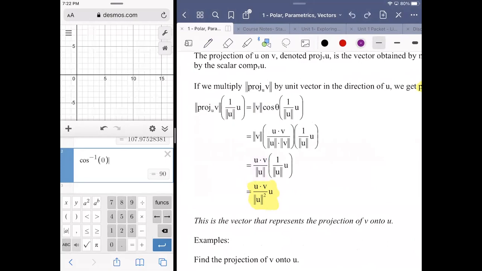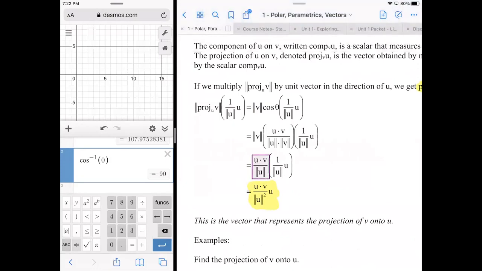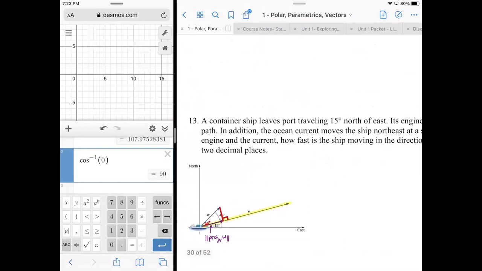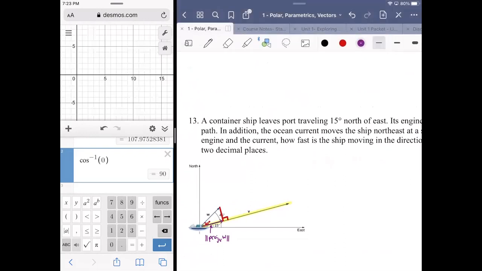It's the dot product between two vectors, but then you're dividing by the magnitude along the path that you're following, right? It's the dot product divided by the magnitude along the path that you're following. So that's pretty straightforward. So that's what we'll do here. You could jot it down too, just kind of do a little substitution.